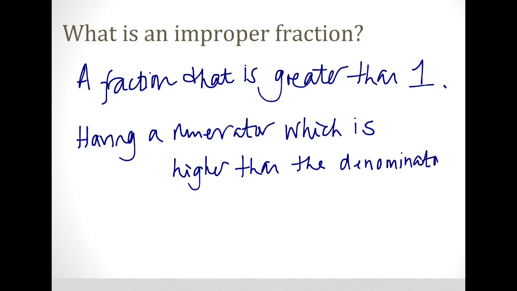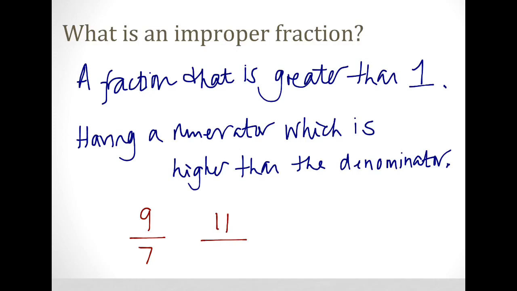Now, there are our definitions: a fraction that's greater than 1, having a numerator which is higher than the denominator, and examples could be 9/7. You'll notice that fraction is more than 1 because 7/7 makes a whole, and therefore 9/7 is greater than 1. Also the numerator is larger than the denominator.